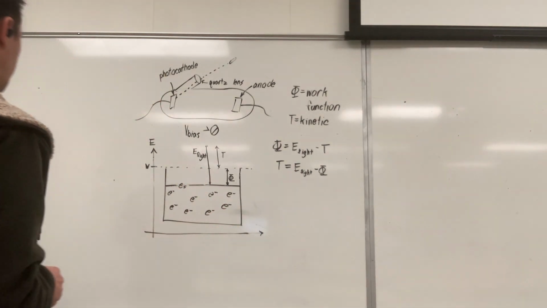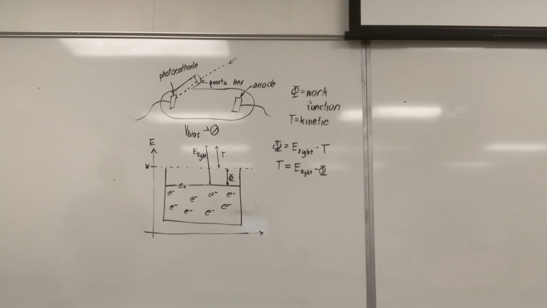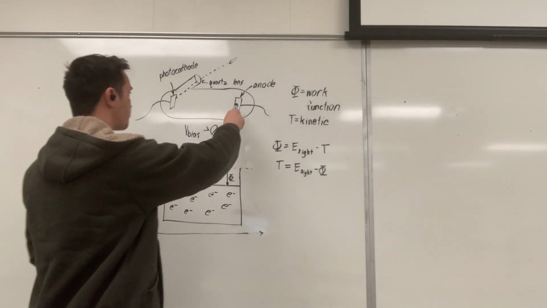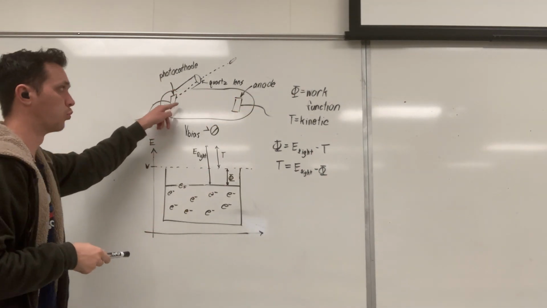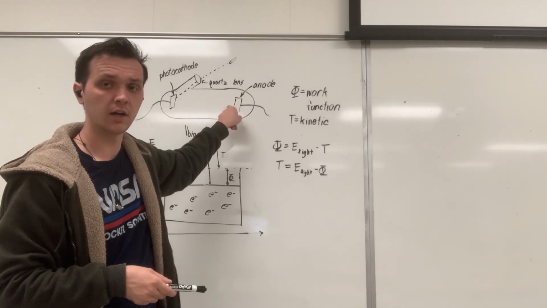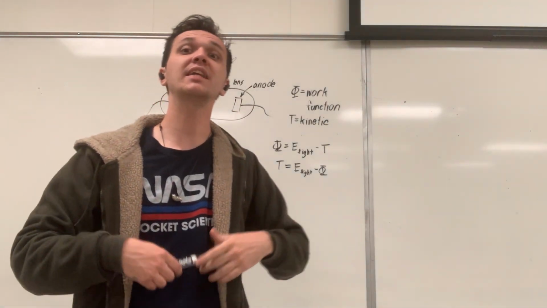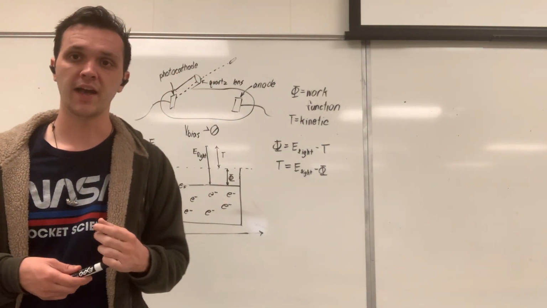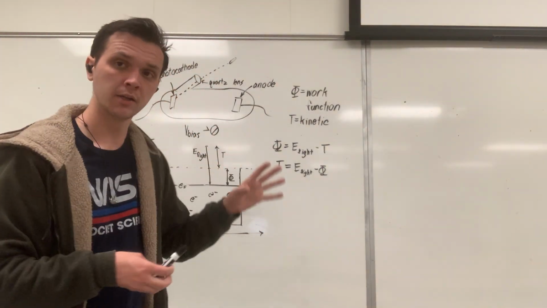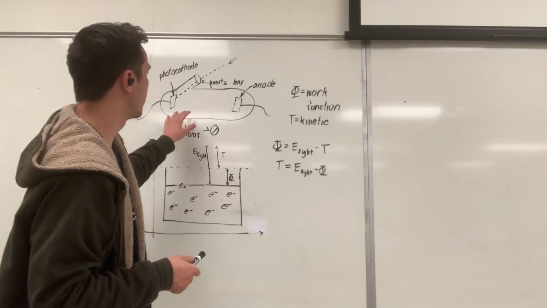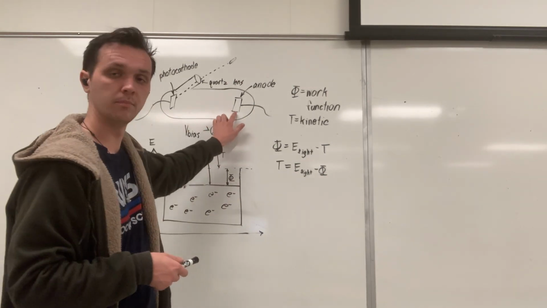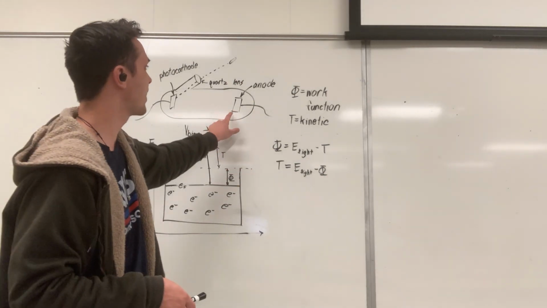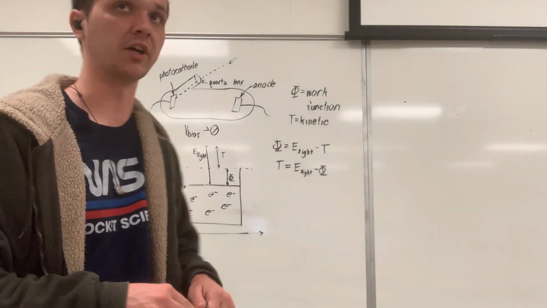Because there's a positive voltage on the anode, electrons want to travel to hit that plate. It becomes easier for them to make that journey because we've made it more energetically favorable for them to do so.